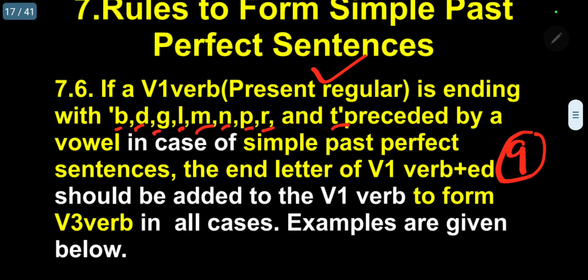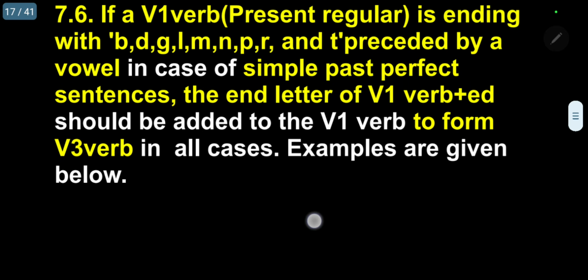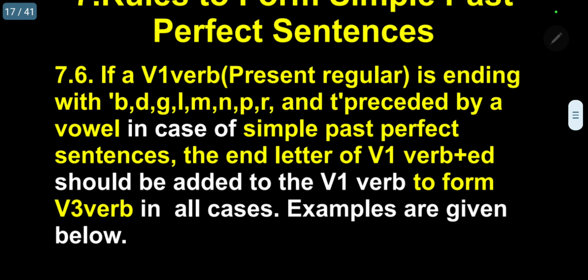This should be memorized, because the reason we are going to discuss. So if they are ending with these letters preceded by a vowel, in the case of simple past perfect sentences, what we have to do now is add the end letter of the V1 verb plus ed to the V1 verb to form the V3 verb.